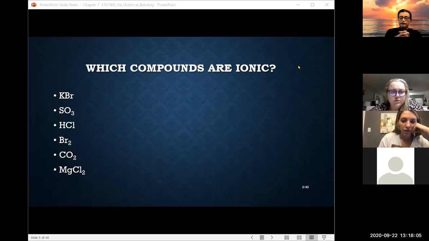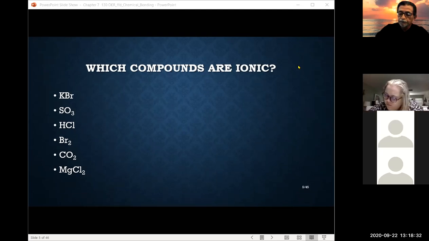So here, you've got a list of compounds, and I'm going to go ahead and give you the names. The very first one, K, which we know its name is potassium, okay? Then we see that it's Br, and it's Br all by itself. It's followed by potassium, so that indicates it is an ionic compound, because one, we've got a metal, which is potassium, and we have bromide, which is a nonmetal, okay?